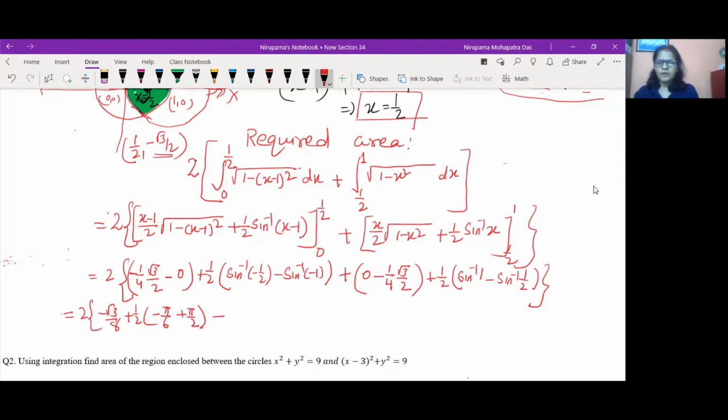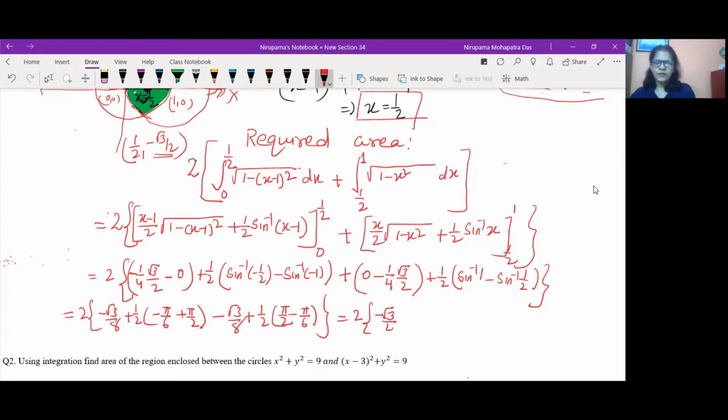Then here minus root 3 by 8, done. Plus now half of this is pi by 2 minus pi by 6. So we are getting twice of minus root 3 by 8 minus root 3 by 8, that is minus root 3 by 4.